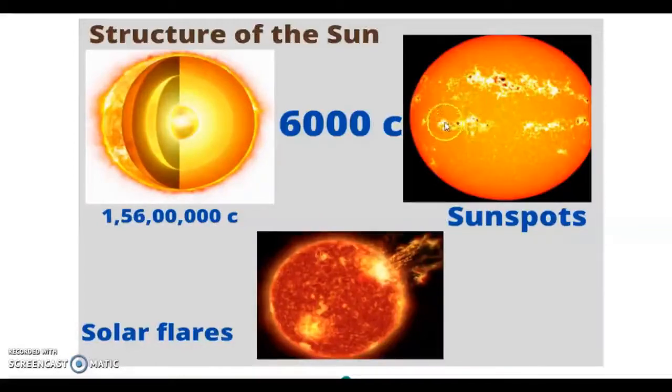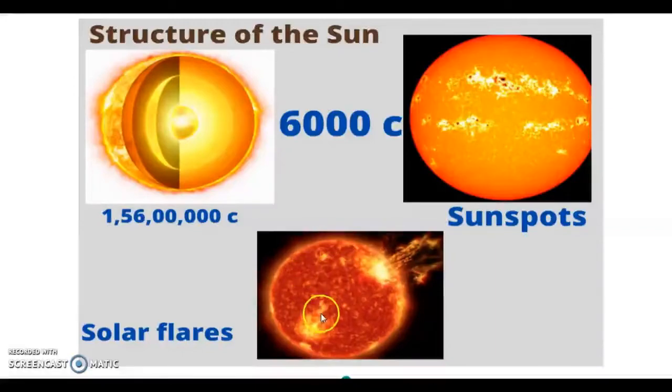Some areas are cooler on the sun's surface and there are some dark patches. You can find them in this picture. So what are these cooler and dark patches? We call them sunspots.